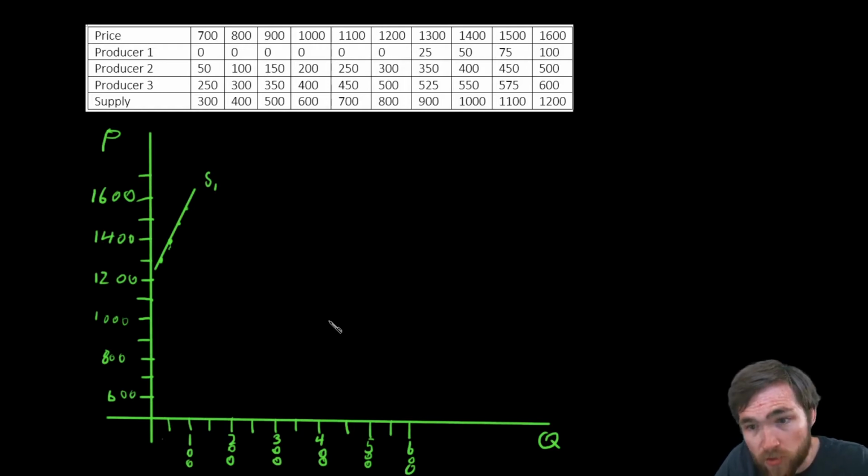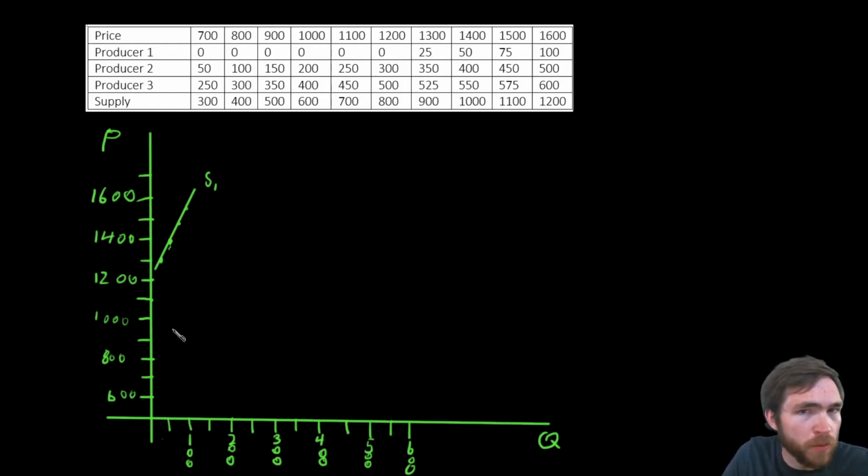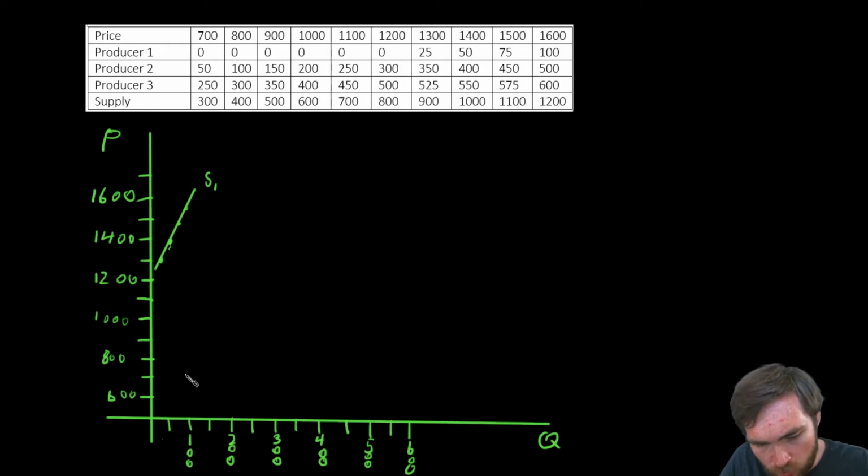All right, so let's draw in a supply curve for producer 2. At a price of 700, they are willing to supply 50 bikes. At a price of, let's go up a bit, at a price of 1,000, they're willing to supply 200.